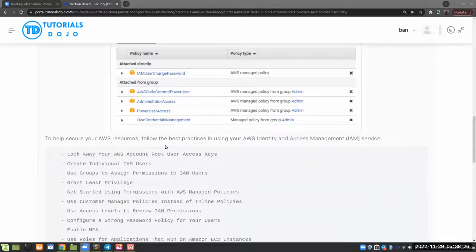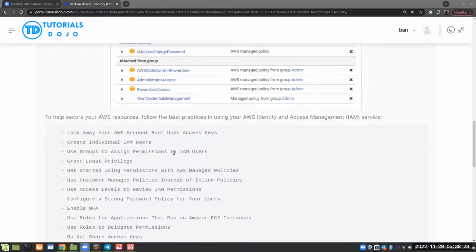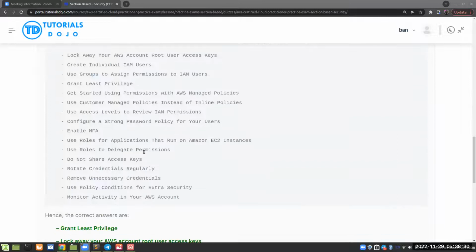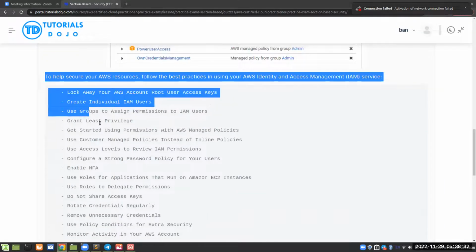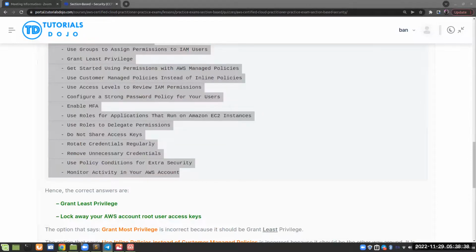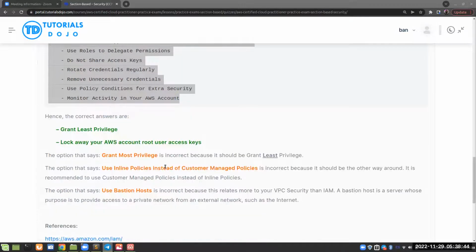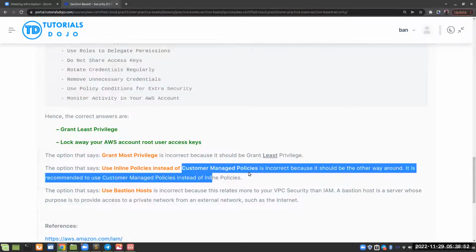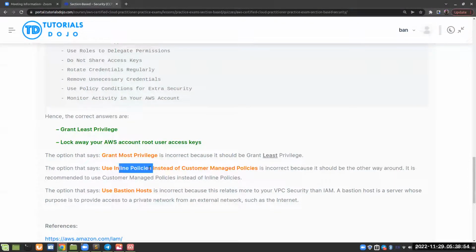So these are some of the best practices in IAM. There are many more, so I'll share this on chat, just copy that for everyone to look into. It's incorrect because it should be the other way around. You always advise using customer managed policies, not inline policies.